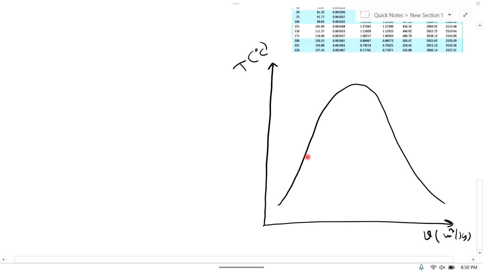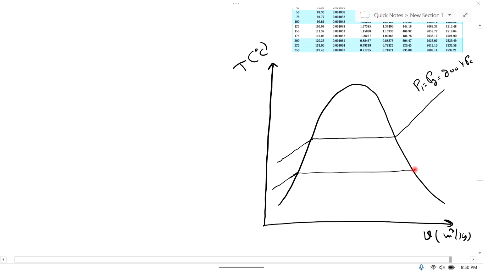This is the saturated vapor line. The initial pressure P1 is equal to P2, which is 200 kilopascal. Let's suppose this is the constant pressure line. And this is P3, which is less than 200, this is 100 kilopascal.